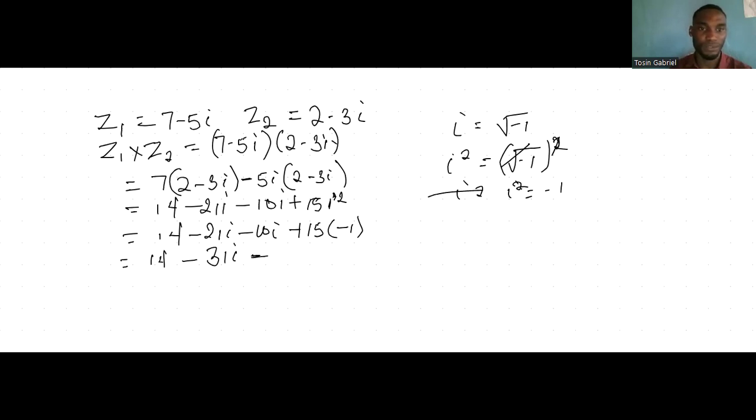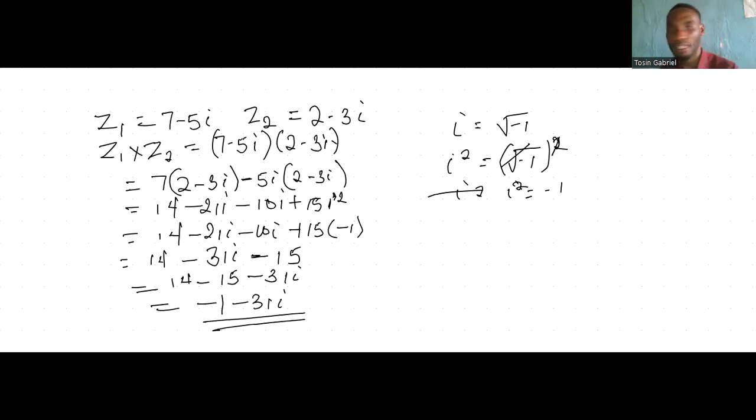So you take the real part with the real part, and the imaginary with the imaginary. So we have 14 minus 15, then minus 31i. What do you have? 14 minus 15 is minus 1, and minus 31i. So simple. That's how to do it.